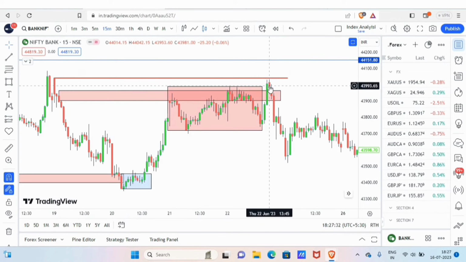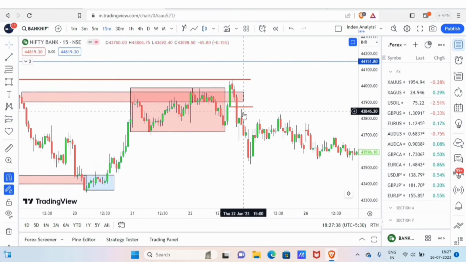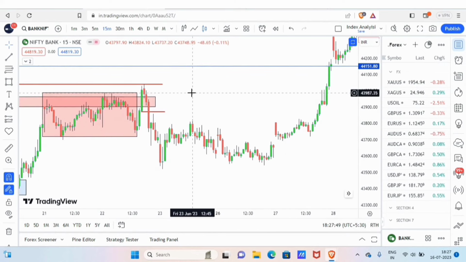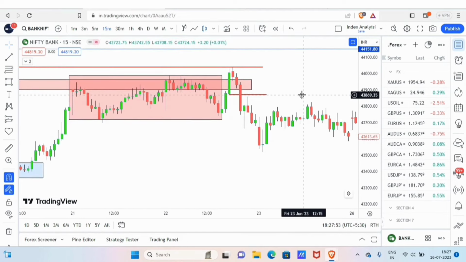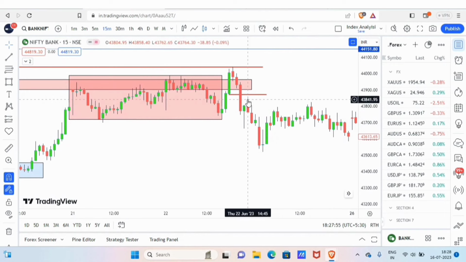To confirm this rejection, we need one red color candle to close below the breakout candle, and it happened here. Aggressive traders can go below the low of this candle, or wait for the pullback to happen, and they can initiate a trade.